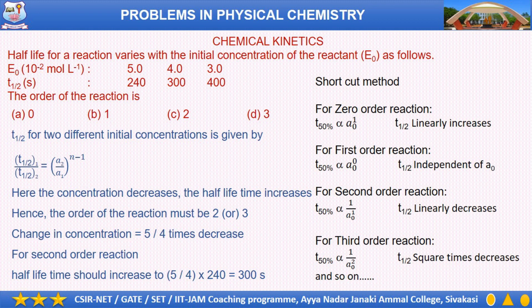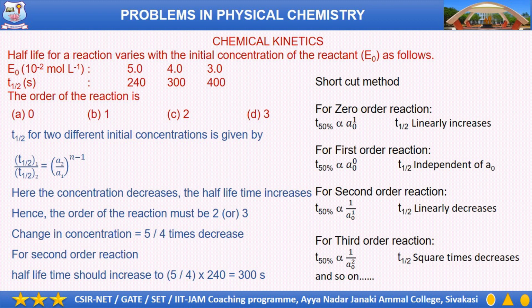First, we will apply for the second order, then we will go for this. How many times does it decrease? 1 by 4 times it decreases. How? Initial concentration is 4, next concentration is 5 by 4, so 1 by 4. If the concentration changes by 1 by 4 times, the T half should change by 1 by 4 times.